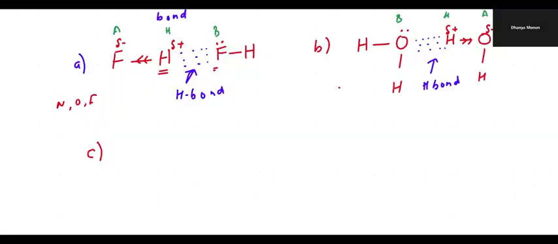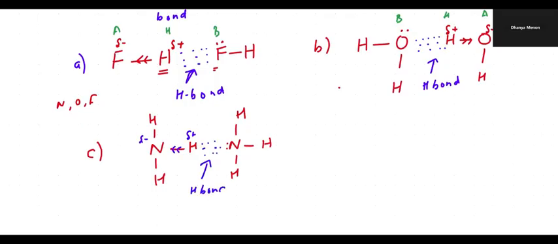Now coming to ammonia: nitrogen, hydrogen, hydrogen, hydrogen. Nitrogen has a lone pair of electrons, so there can be a hydrogen bond between hydrogen and this nitrogen. This is hydrogen bonding.